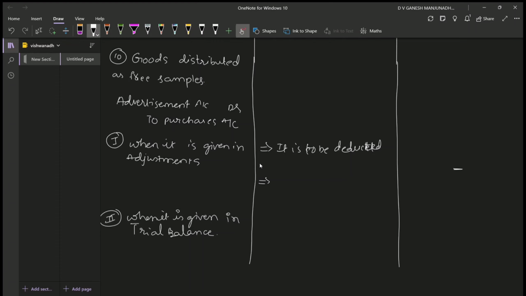And as it is a kind of advertisement, if it is available in the profit and loss account, and if advertisement is already available in the trial balance, add it to advertisement, or to be shown as advertisement.